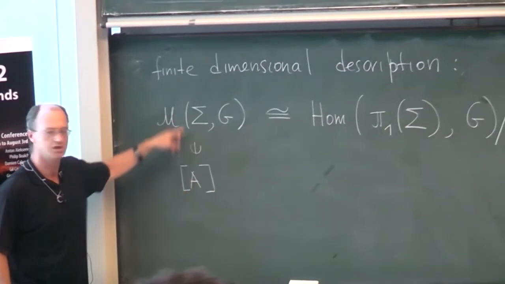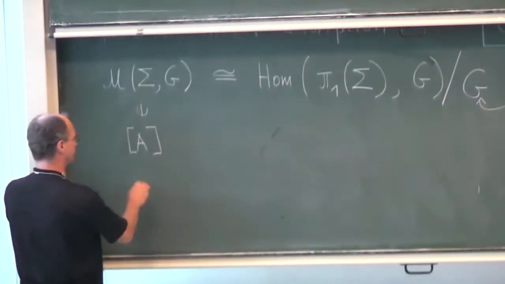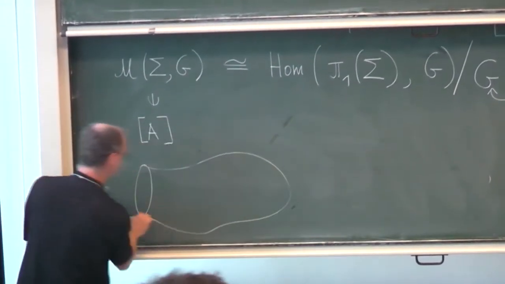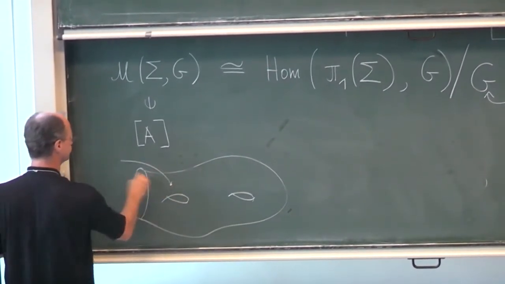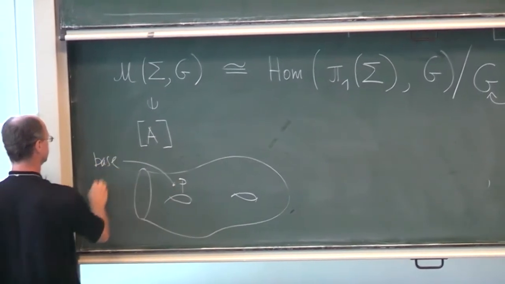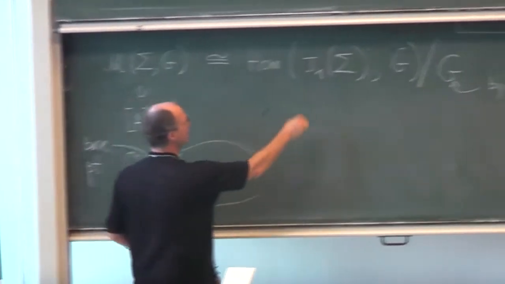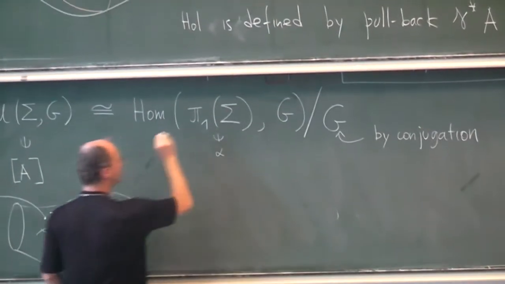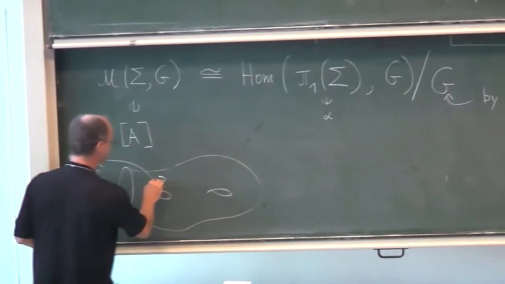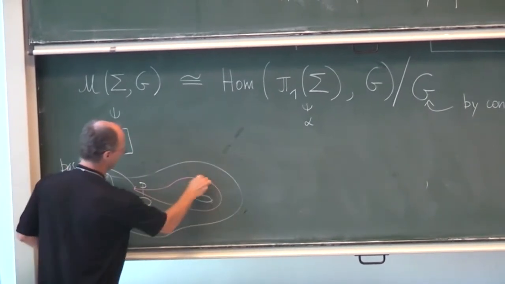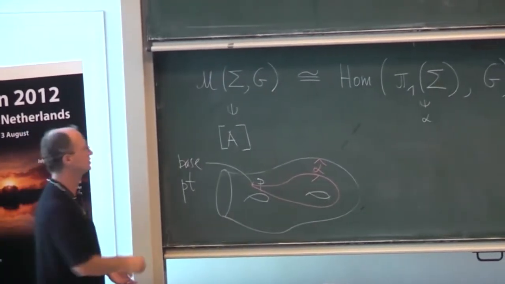So let's say we choose a class of such a connection. So we have our surface. Let's choose a base point. And now let's choose an element here, let's say alpha. We can realize this element as a curve which starts at P and returns to P. Let's call it alpha hat, a representative.